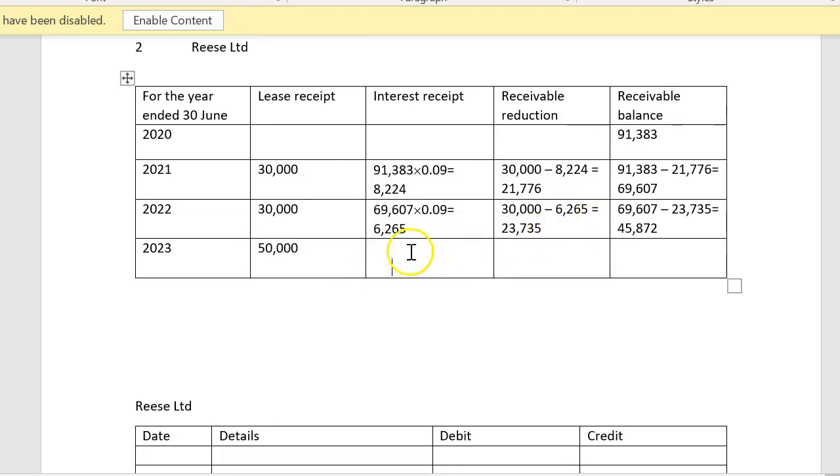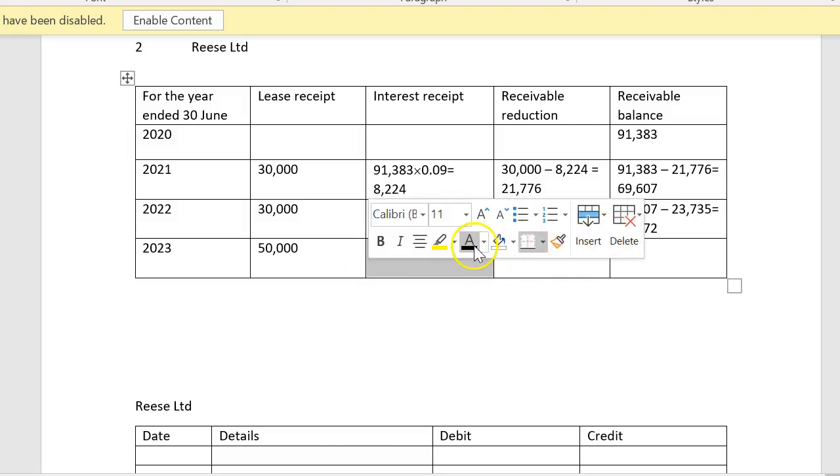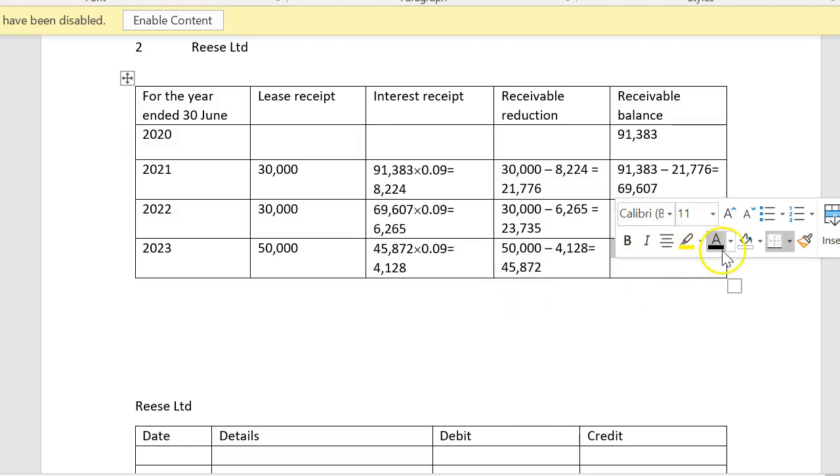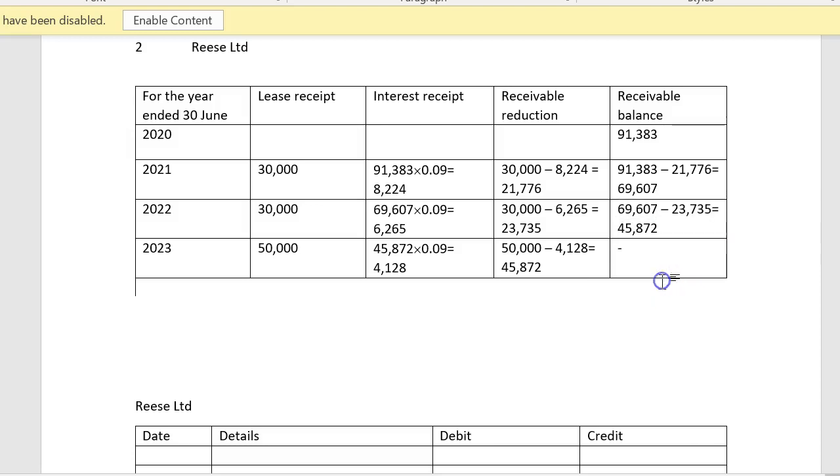Okay, right now what's the interest receipt? You take this liability 45,872 multiplied by the interest rate implicit, which is 9%. And this is the receivable reduction, 45,872. And that gives you a 0 receivable balance.